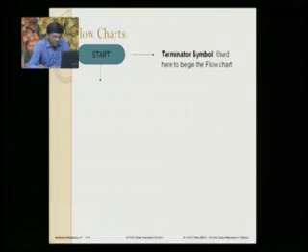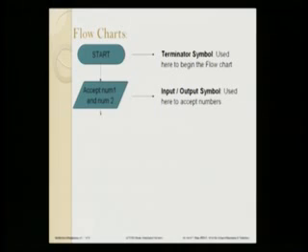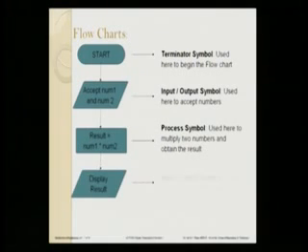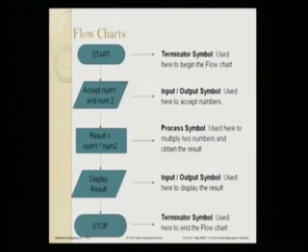Let's look at the basic flowchart. The first symbol is known as the start symbol. It is also called a terminator symbol, used to begin or end a particular flowchart. Now we are looking at a flowchart which will accept two numbers and give the multiplication of both. So this is the process. First you start the flowchart, accept number 1 and number 2, that is the input output symbol used here to accept the two numbers.